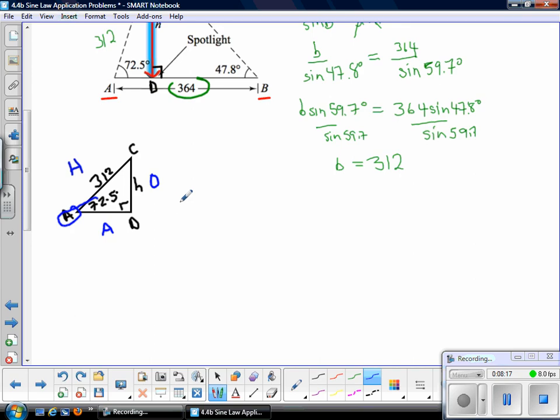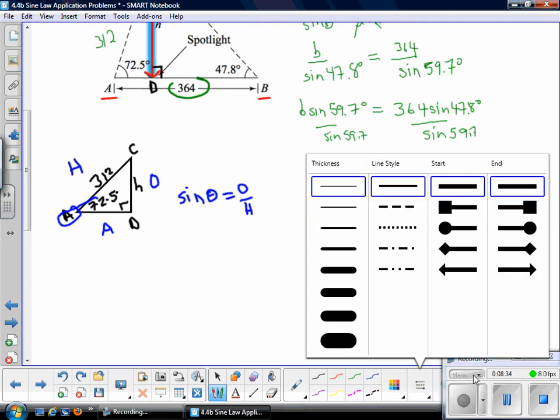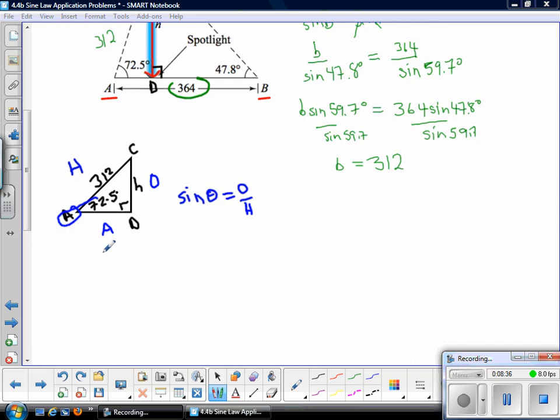So we're going to do sine of theta equals opposite over hypotenuse. We substitute our information in. So we have sine of 72.5 degrees equals opposite, which is our H that we want to find, over the 312.